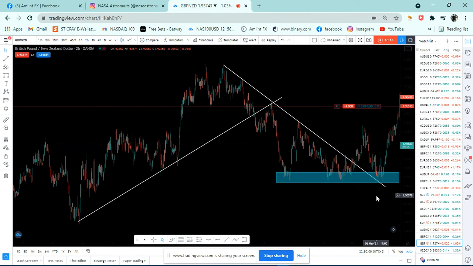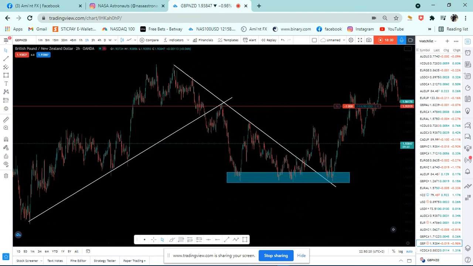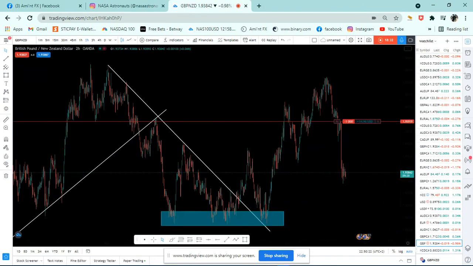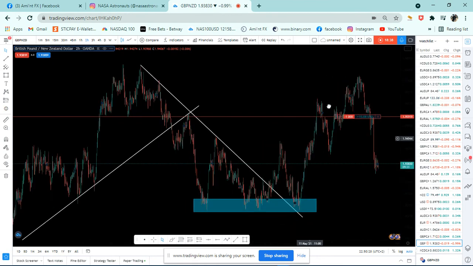We have this retest here, another one here, another one here. That also tells us that the market is about to change direction. And look what happened.